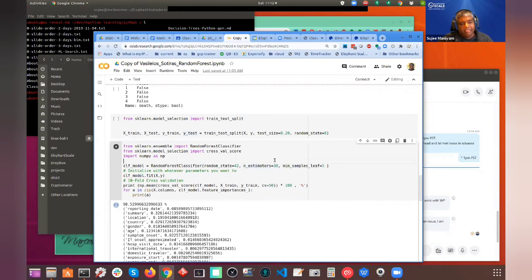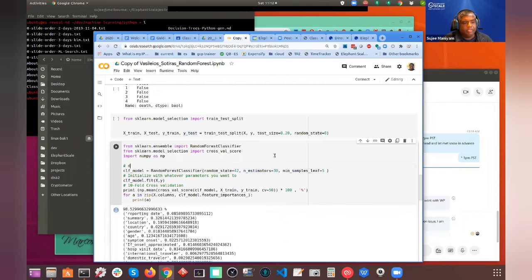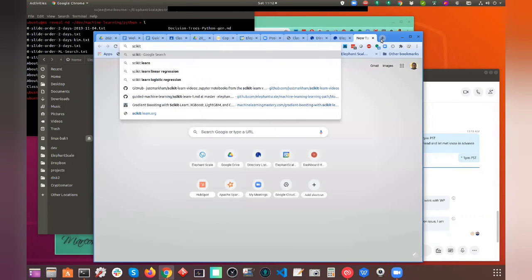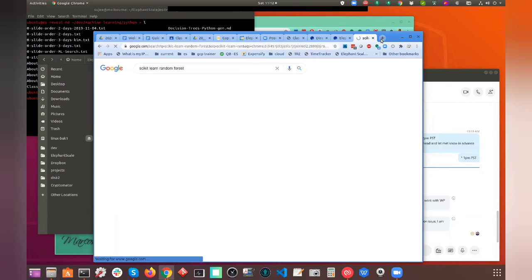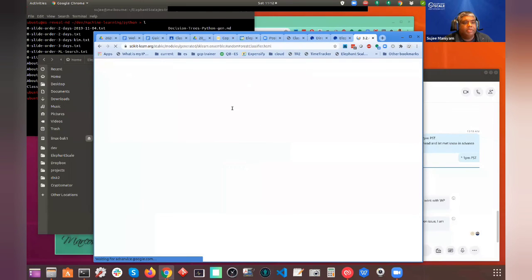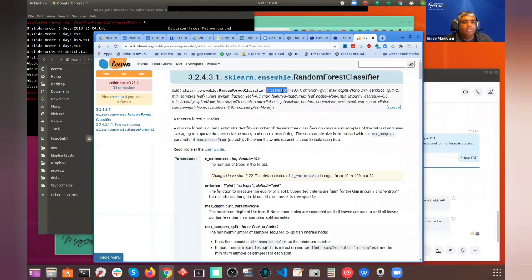I think the default value should be 50 or 100. Let me see. Yes, the number of estimators is 100.